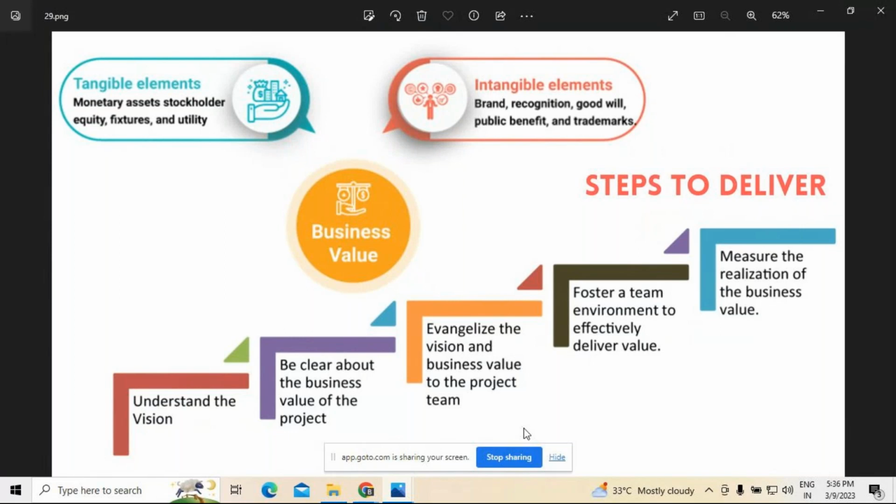In what way is this business value required in reference to program management? To begin with, business value is nothing but the value which an end user is expecting from the solution. What is it that they're expecting us to develop? Take any example. Let's say we are developing a point of sale system for a retail store owner.